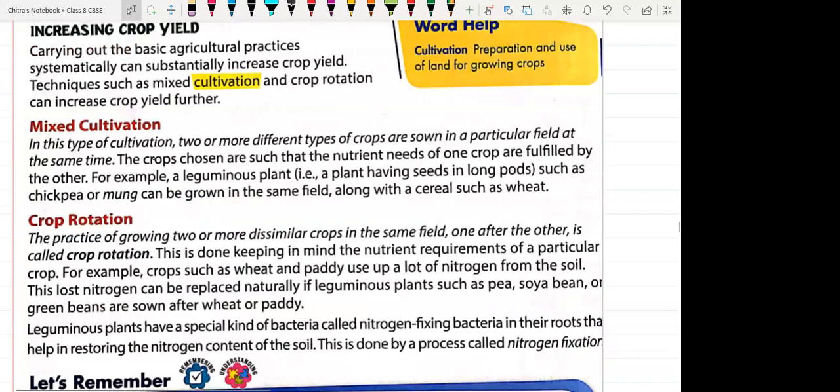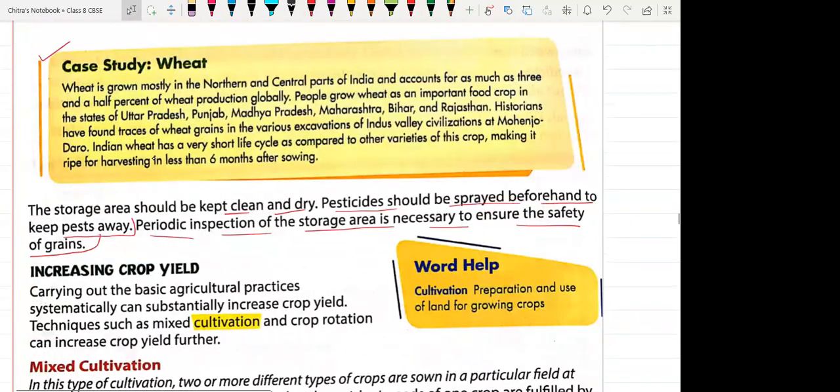One case study we have to understand is wheat. Wheat is grown mostly in the northern and central parts of India, and as much as 3.5% of the wheat production globally is done in India.